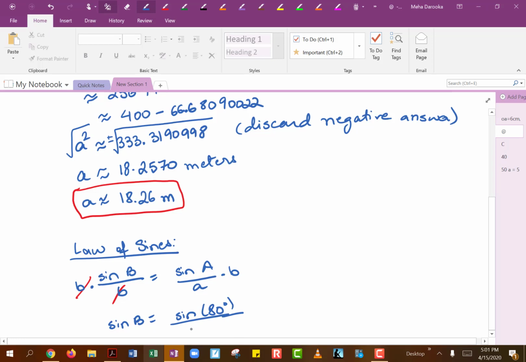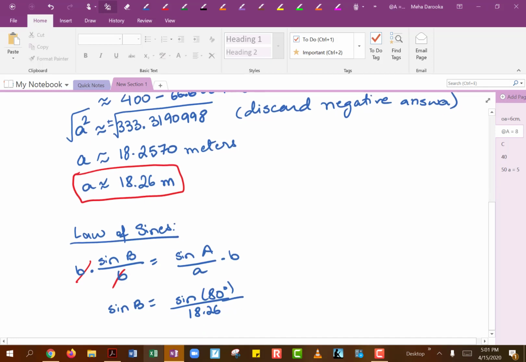We just calculated side A as 18.26. Actually, you know what? To avoid any decimal approximations, let's go ahead and use our 18.2570 for side A, and then side B was of course given to us as 16 meters.